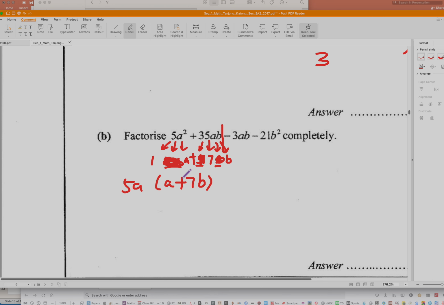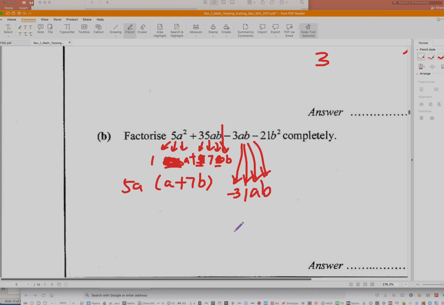The next part: in a way, over here you should be alert to it already. You know that you are going to get a plus 7b, right? So you shouldn't take out 3. You should take out minus 3. So you need to be smart about it already. Because you already know it's a plus.